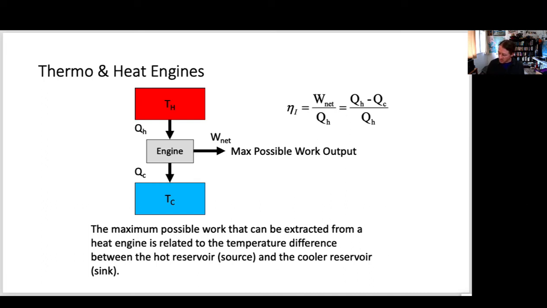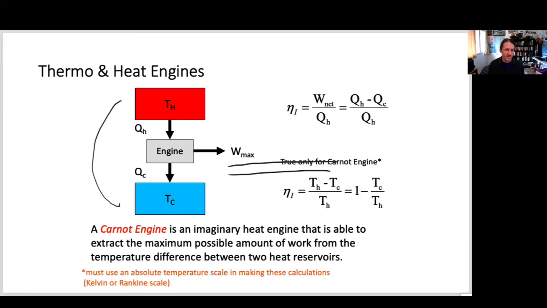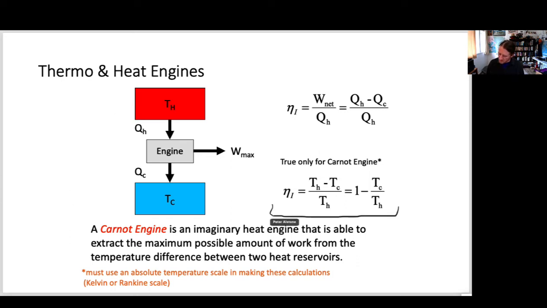And it so turns out that the maximum work possible that comes out of a heat engine is related to the temperature difference between the hot and the cold side. And it's related this way. The maximum efficiency in this case is equal to this formula.